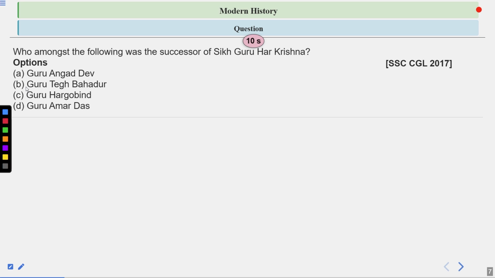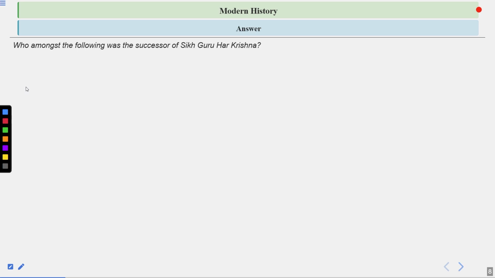Time starts now. Time's up. Correct answer is B. Guru Tegh Bahadur. Solution.